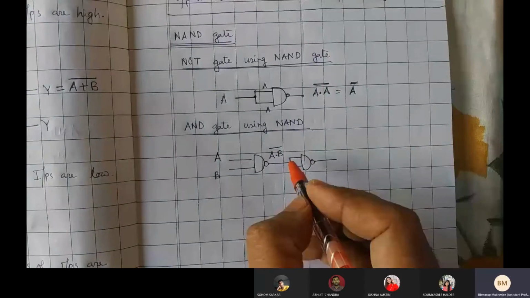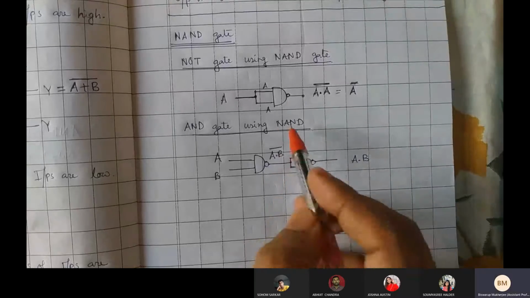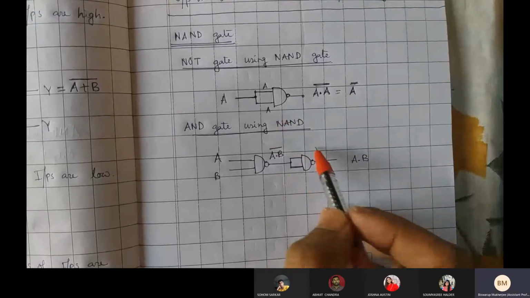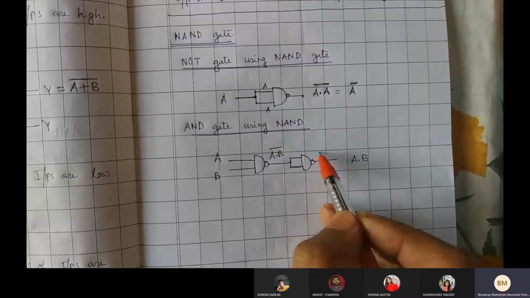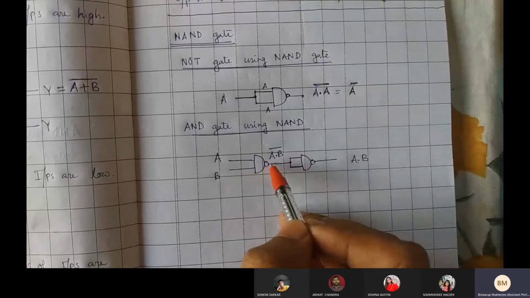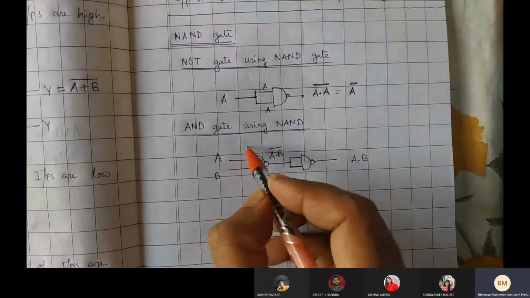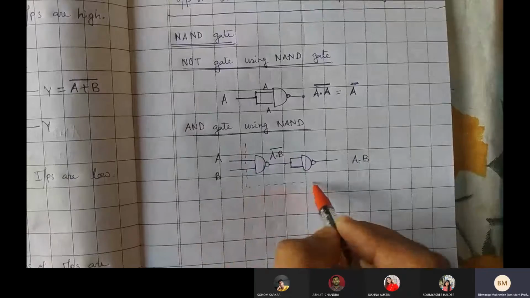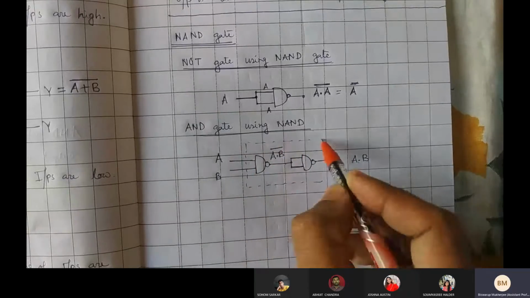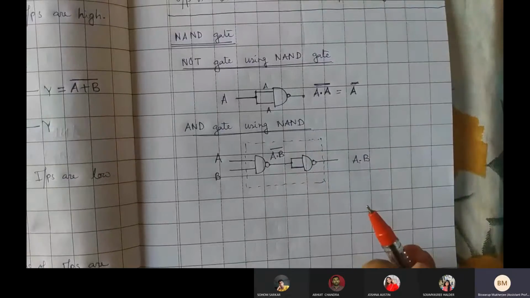If A dot B complement is provided to a NOT gate, we will get A dot B. We have just seen that this configuration is a NOT configuration, so if you put a NOT gate at the output of the NAND gate, you will get A dot B, which is the overall AND operation. So this total configuration is working like an AND gate.